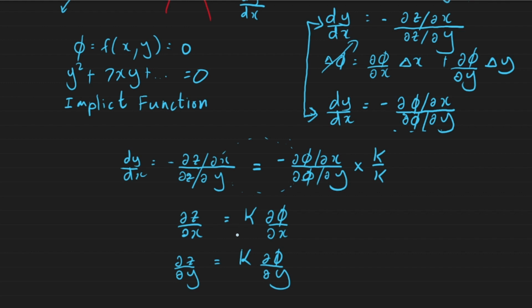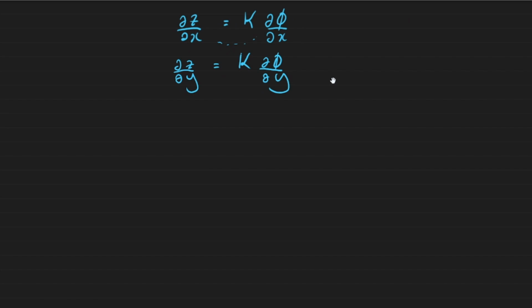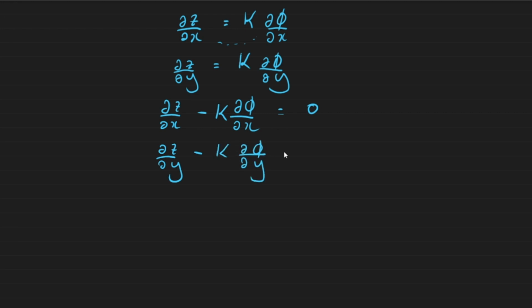What I'm going to do next is send k times del phi dx to the other side. When I do that, I get del z dx minus k del phi dx equal to 0, and del z dy minus k del phi dy equal to 0.